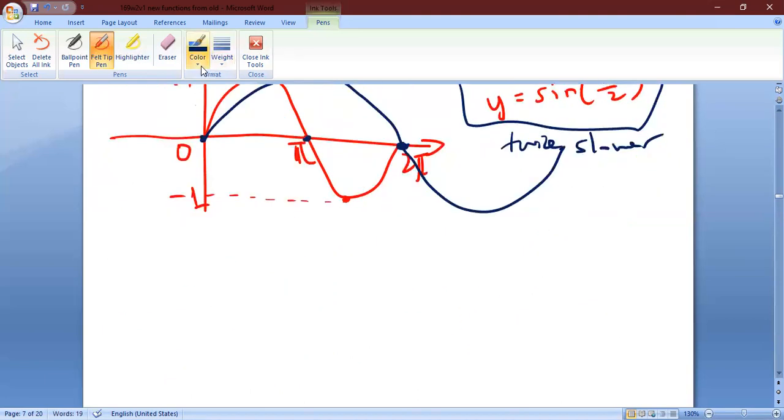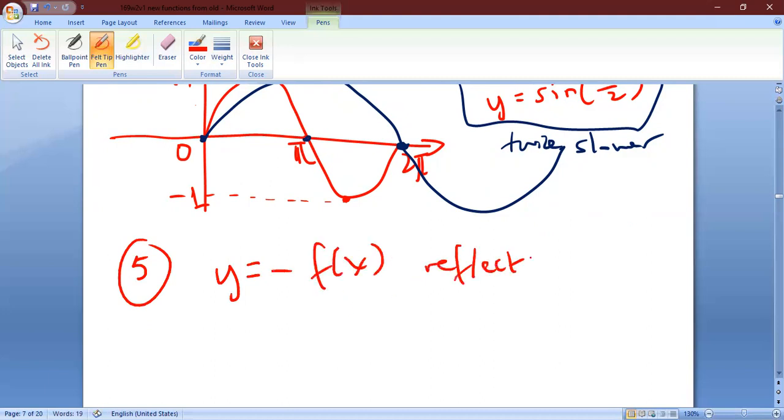And then there are two more transformations. These are reflections, y equals minus f of x. This will reflect f with respect to the x-axis. Let's think about it.